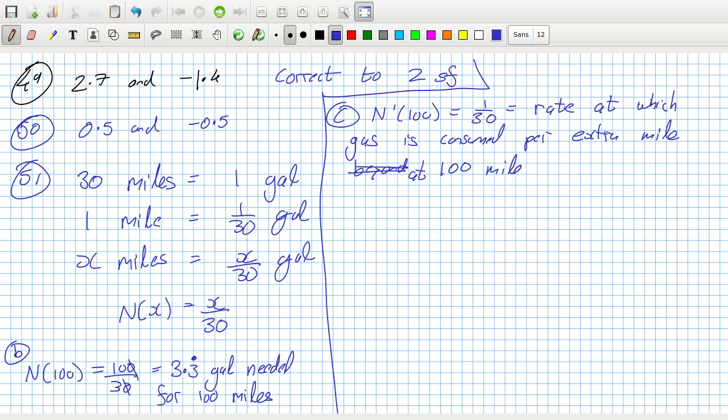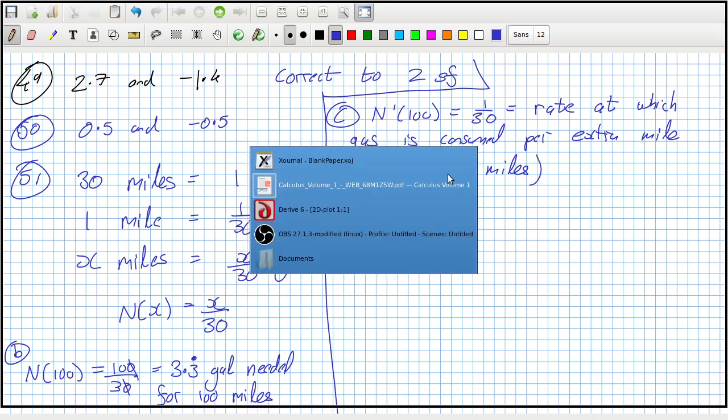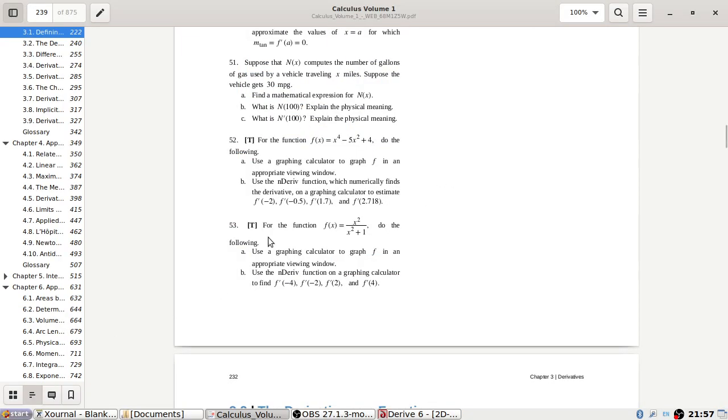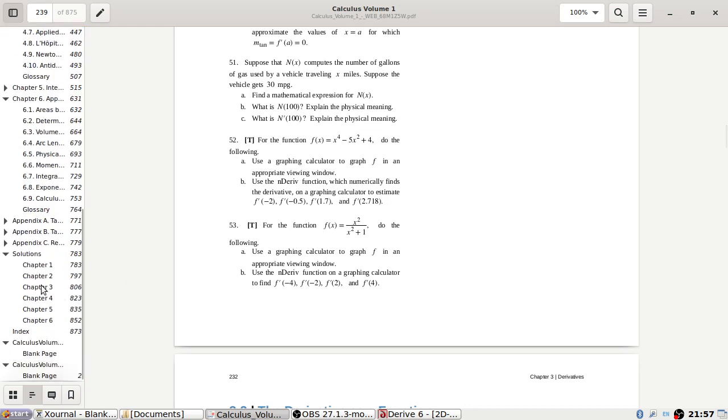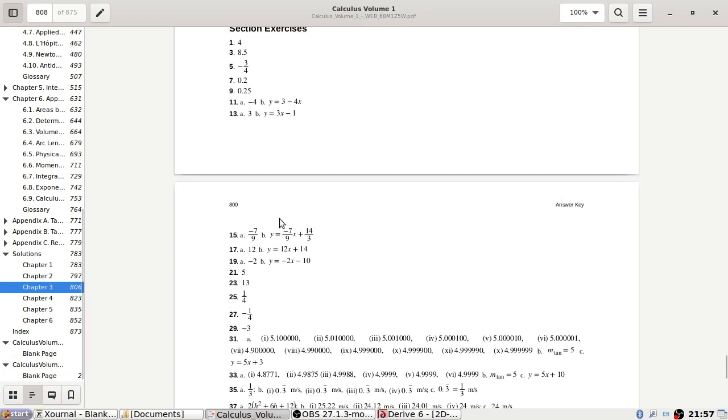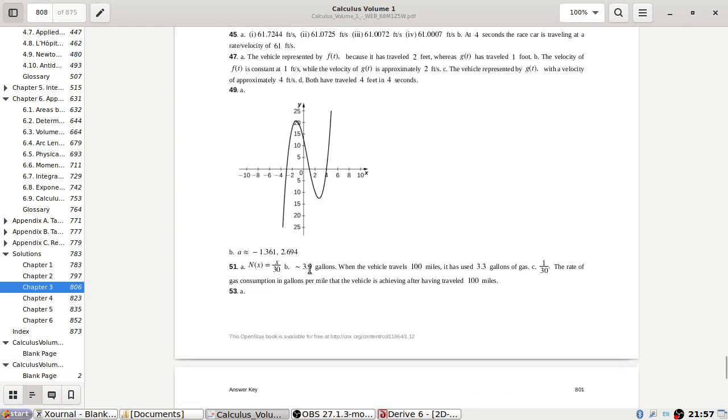But that's actually not important really. The 100 part I mean. Let's see if we're right for 51. Yep, spot on. Okay, excellent.